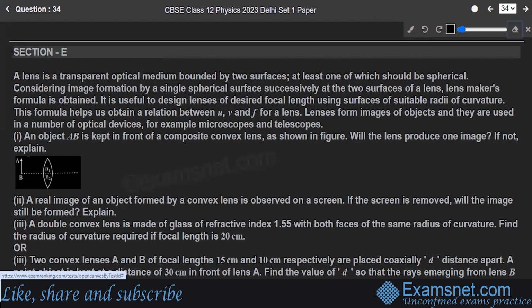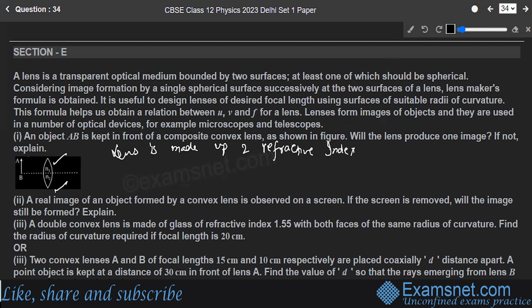So now, number one, an object AB is kept in front of the composite convex lens as shown in the figure. Will the lens produce an image? If not, explain. Okay. See, first thing, your lens is made up of two refractive indices, that is n1 and n2.